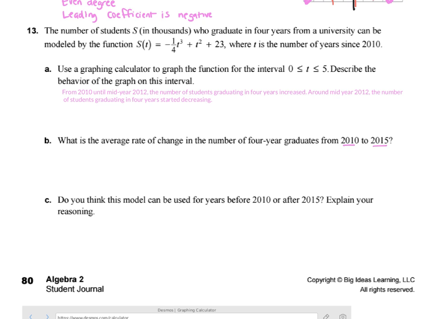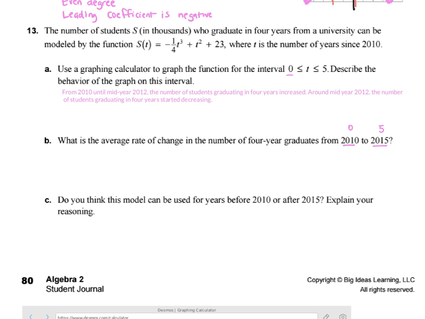Okay, so the average rate of change in the number of four-year graduates from 2010 to 2015. Remember that 2010 is what they're calling year zero. So this is t is 0, and 2015 is 5 years later, so this would be t is 5. So we have the x values of each coordinate.